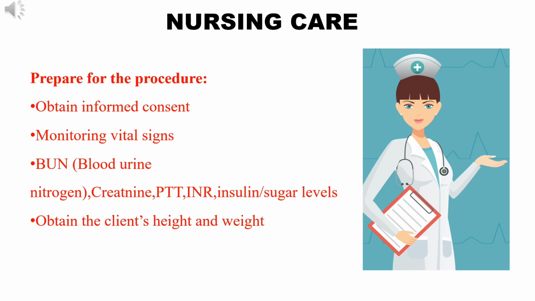The blood tests must be done, including blood urea nitrogen, creatinine, PTT, INR, and blood sugar levels. And finally, obtain the client's height and weight, which will help determine dye administration.